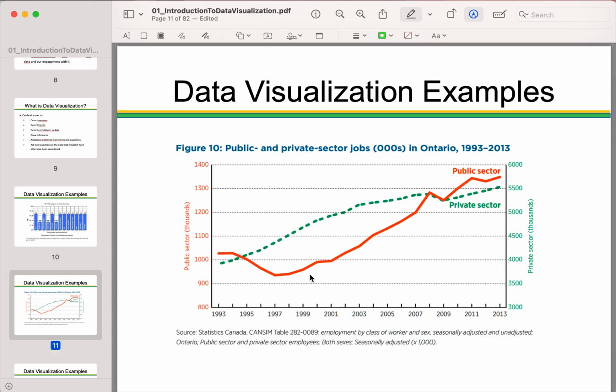Here's another form of visualization. That one uses green and red lines to show trends or growths in the public sector and the private sector.